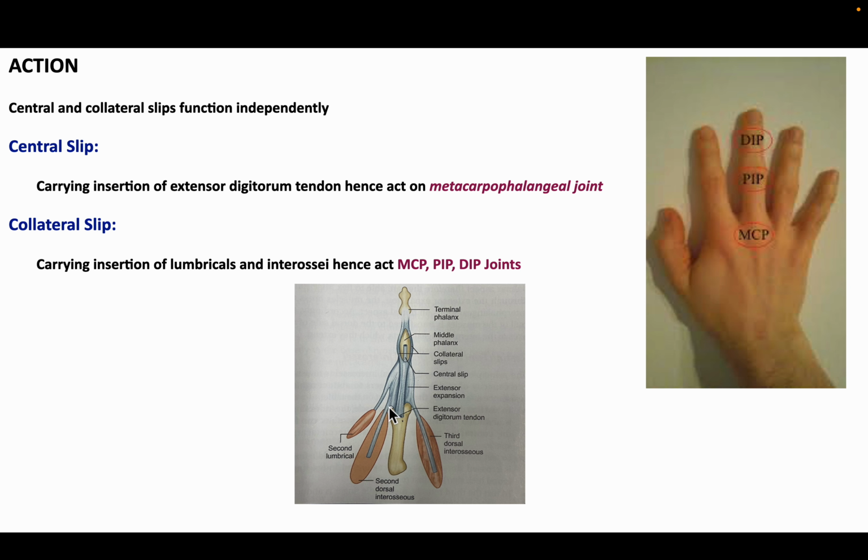Depending upon their action, they are inserted onto the metacarpal, and their slip is extending to the extensor expansion too. So this collateral slip is just receiving the insertion of these two sets of muscle. So action is where? Metacarpophalangeal joint, proximal interphalangeal joint, and distal interphalangeal joint. So this is the action of this.